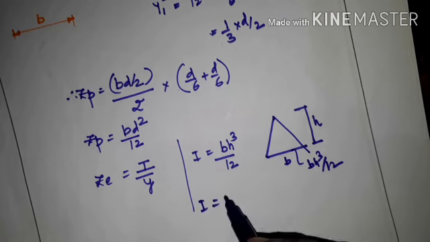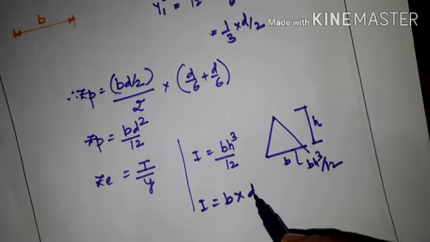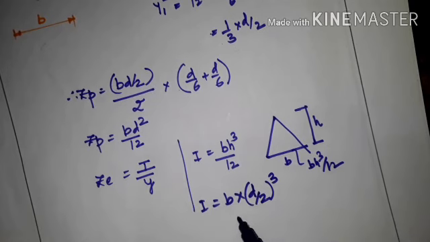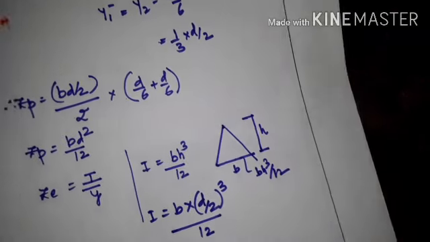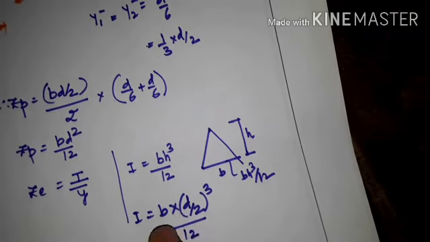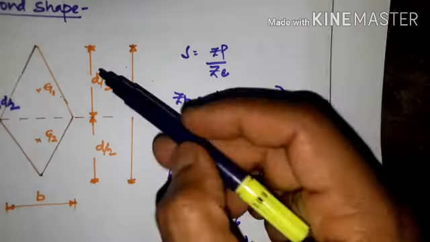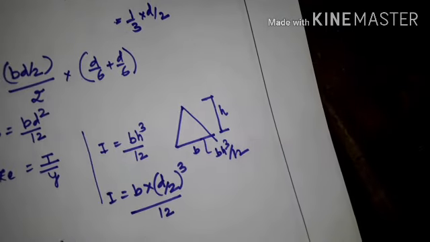H is D by 2, so it is B into D by 2 whole cube divided by 12. Understood? BH is nothing but this, the height of the triangle, which you can see is D by 2. So it is B into D by 2 cube by 12.